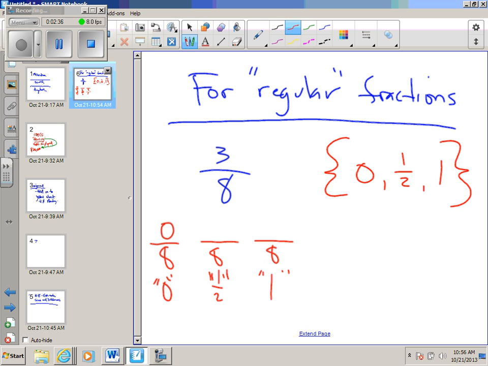And if I wanted to represent the whole number 1, 8. Okay. So now I put that 0, half, and 1 into fraction form using the same denominator that I already have. Now what you'll need to ask yourself is that 3/8, is it closest to 0/8, 4/8, or 8/8?